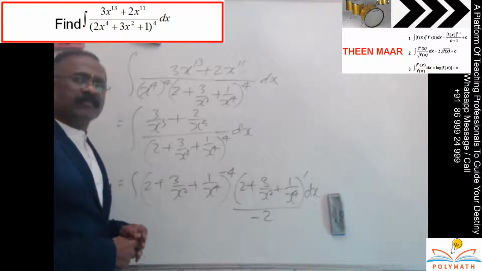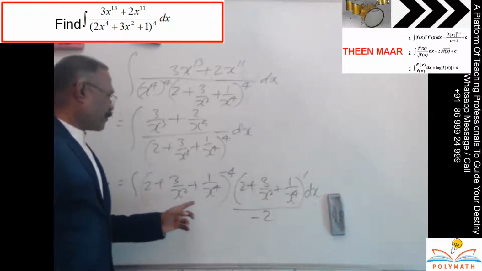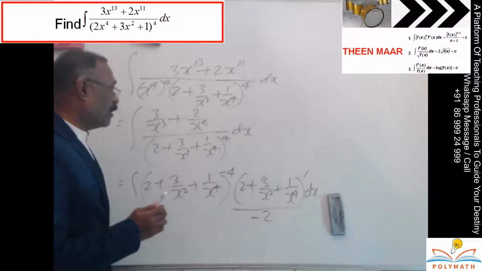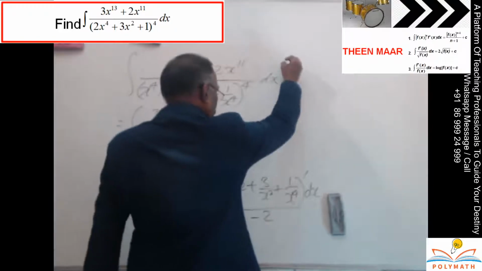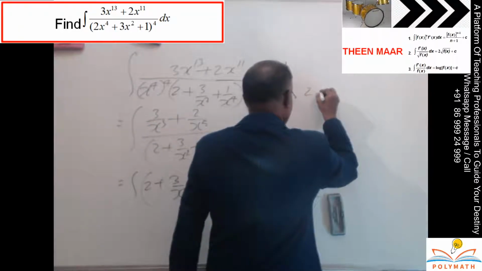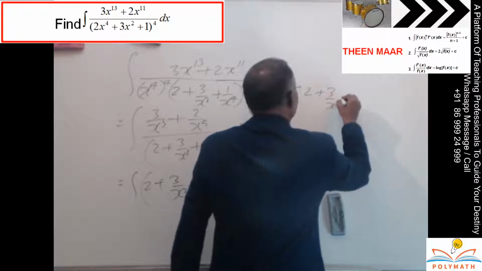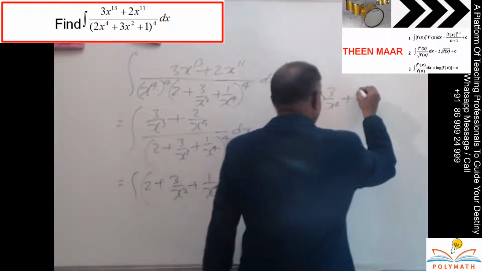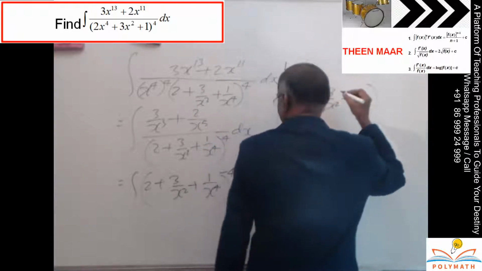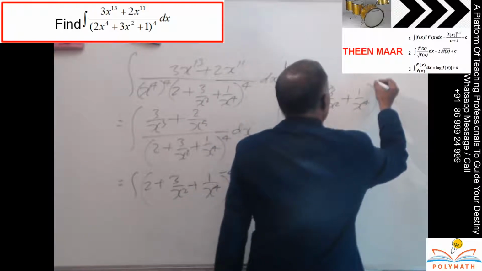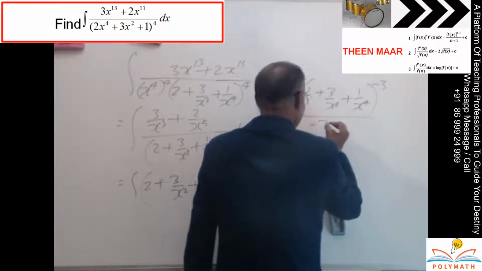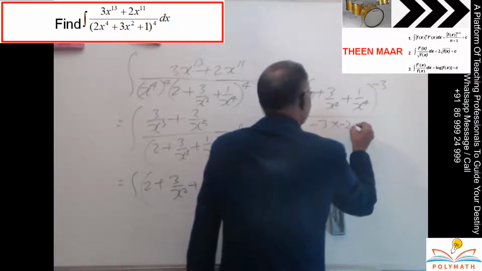It is done now. The integral of f(x) power n into f dash x dx is f(x) power n plus 1 by n plus 1. So here the final result will be 2 plus 3 by x square plus 1 by x power 4, whole power minus 4 plus 1, which is minus 3, divided by minus 3 into minus 2.